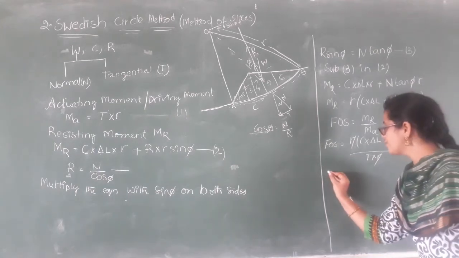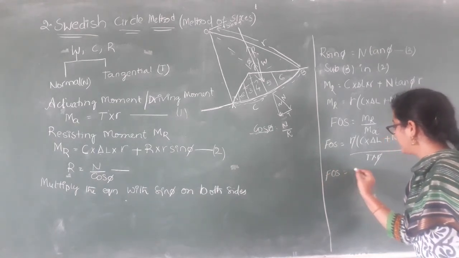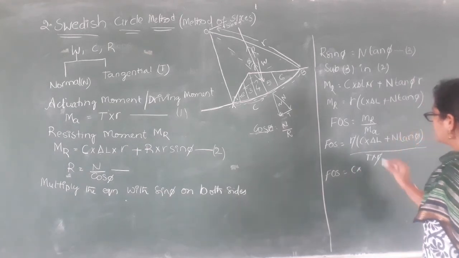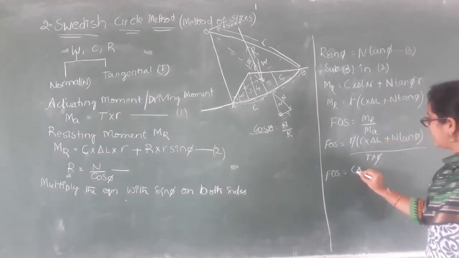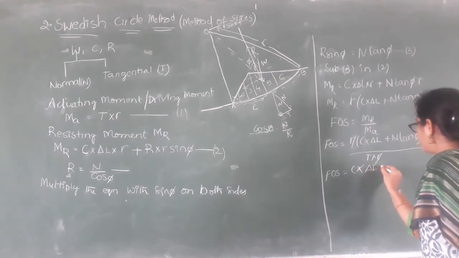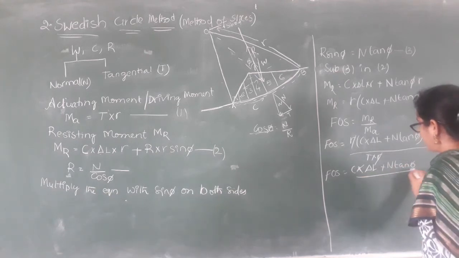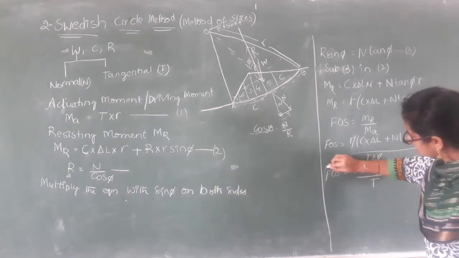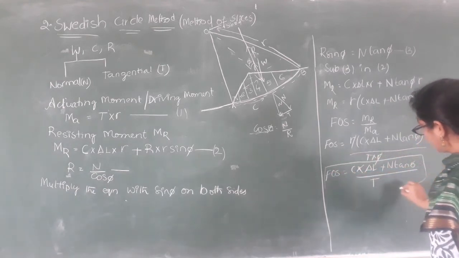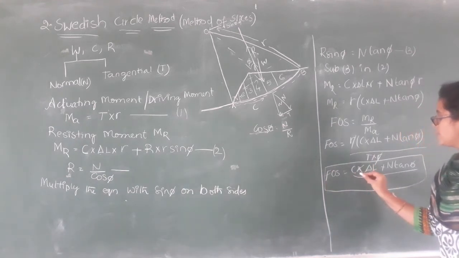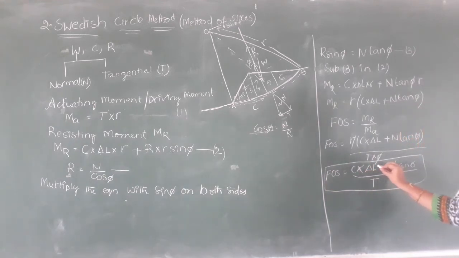So factor of safety is equal to C into delta L plus N tan phi by T, where N is the normal force, sorry, and T is the tangential force. This is the factor of safety for a single slice.